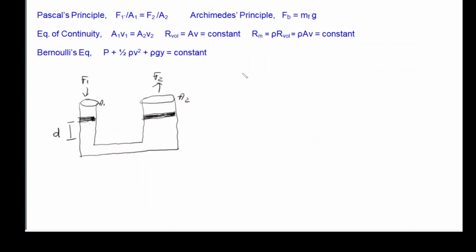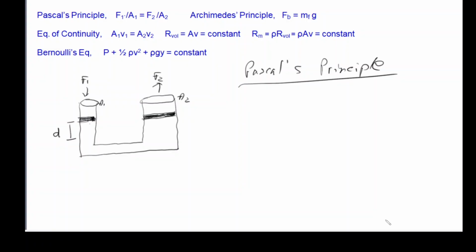So now let's talk about Pascal's principle. Pascal's principle states that a change in pressure applied to an enclosed fluid is transmitted to every part of the fluid and to the walls of the container.